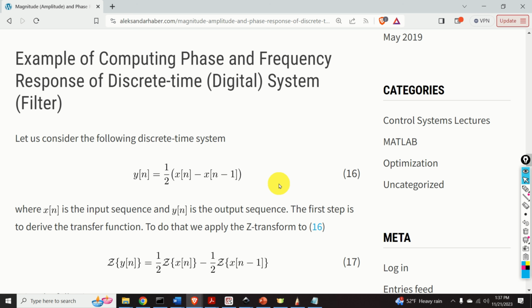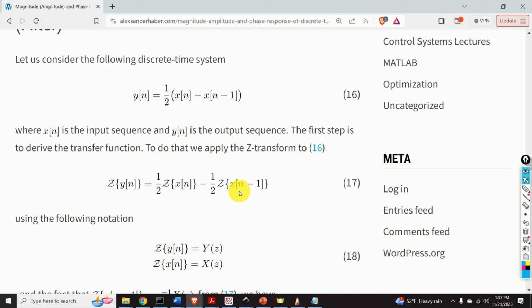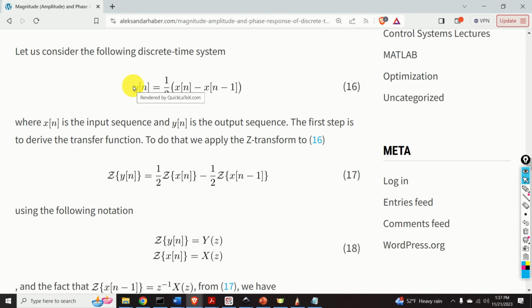The first step is to derive the transfer function of this system. To do that, we apply the z transform to this equation. So what I'm doing over here, I'm just applying the z transform. Z of y of n is equal to 1 over 2 Z of x of n minus 1 over 2 Z of x of n minus 1.